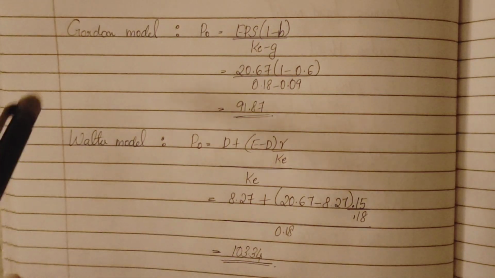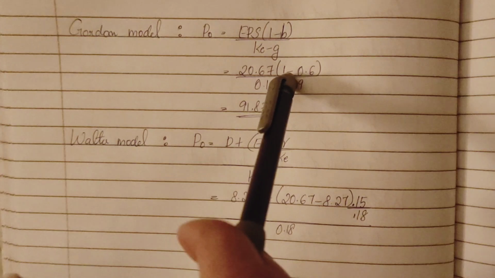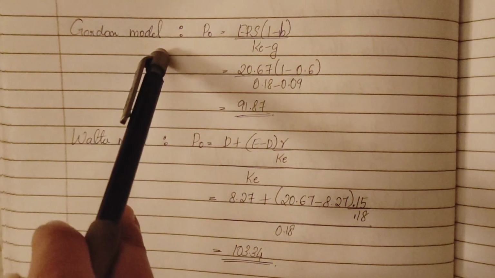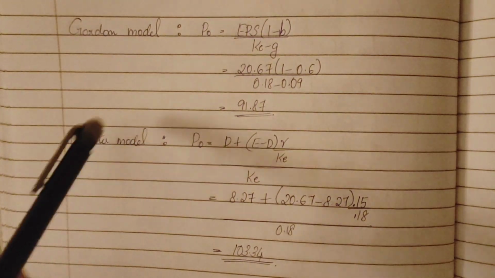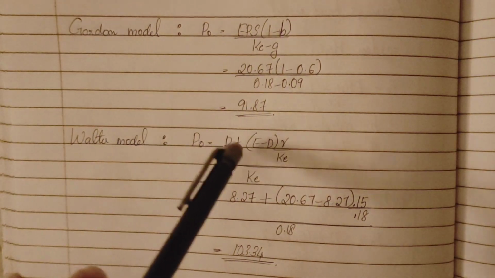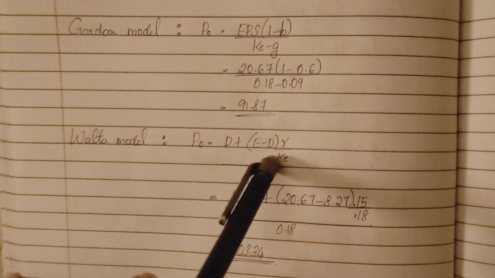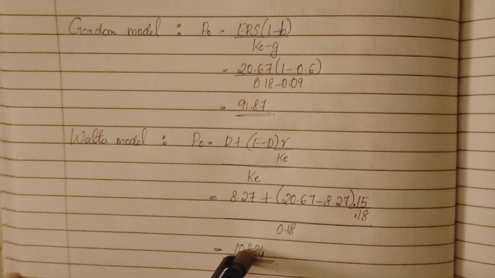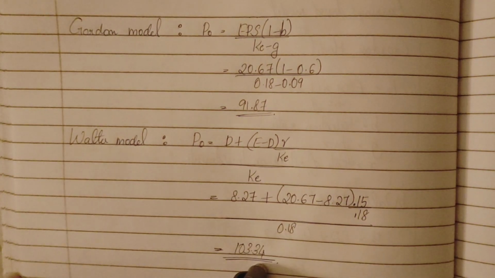Under Gordon's model, P0 is equal to EPS into 1 minus B divided by KE minus G. We have these figures. So P0 as per Gordon's model is 91.87. And Walter's model P0 is equal to D plus earnings minus dividend into rate of return divided by cost of equity, whole divided by KE. And when we update the figures here as well, you will get 103.34.